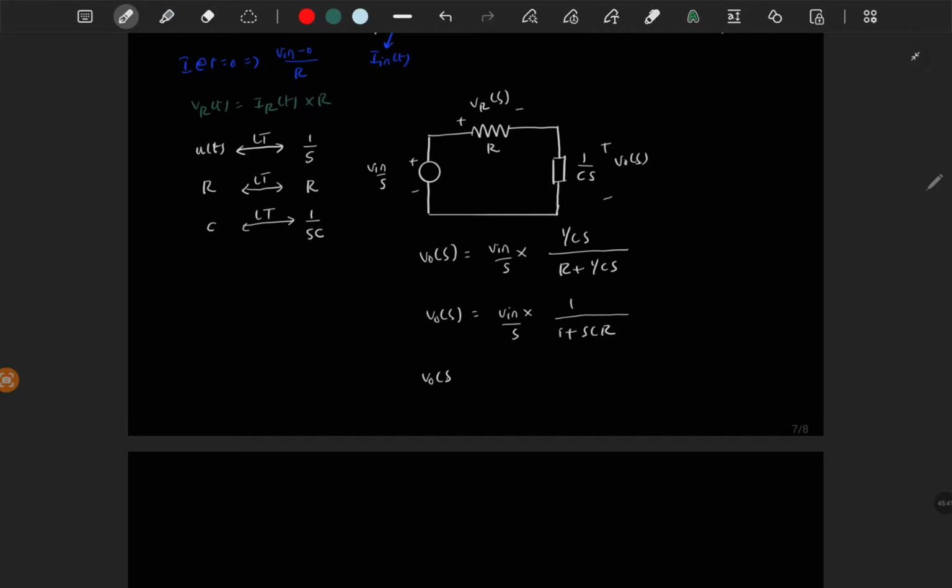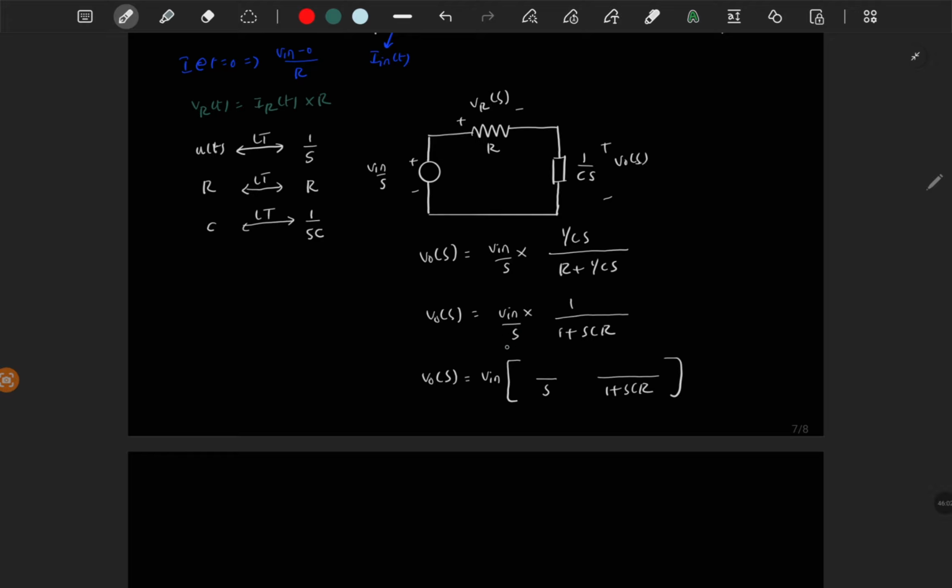Yeah, you can write the partial fractions. You have S and 1 plus SRC as the two denominators.